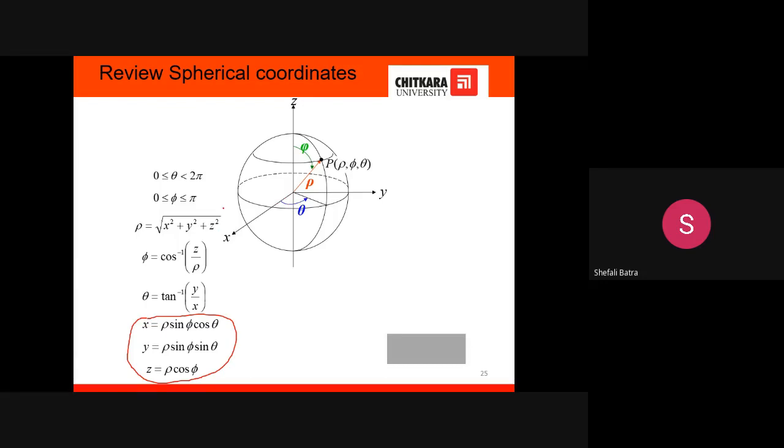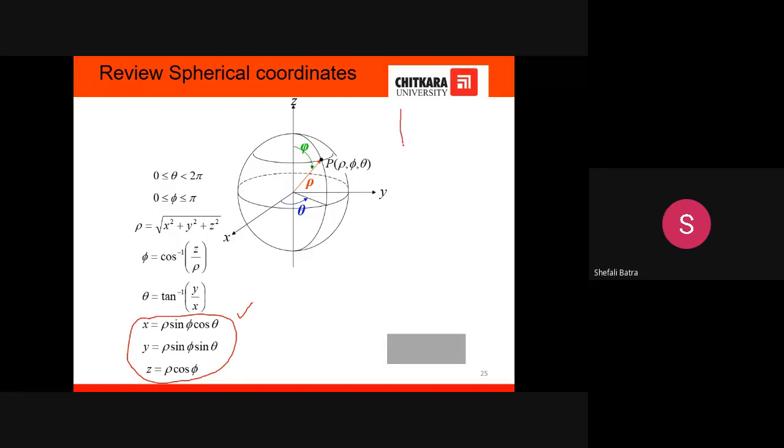So we'll be having two types of angle in spherical coordinates. One is along the z-axis, another is along the x-axis. So this is how you write your spherical coordinates. When we are taking the complete sphere, the rotation of phi would be 0 to pi. Whatever angle you are taking along the z-axis, the variation of that angle would be 0 to pi.